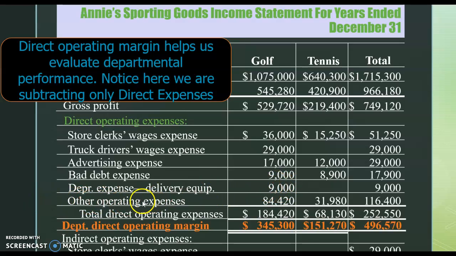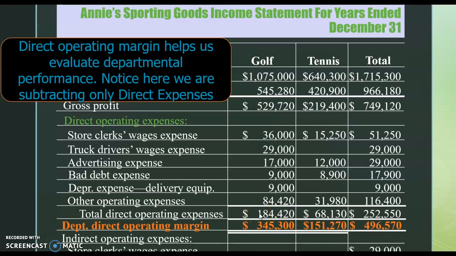And for all the other lumped up operating expenses, we had $84,420 of direct expense for golf, $31,980 direct expense for tennis. So now I can add up all these direct expenses, and I get $184,420 for golf, $68,130 for tennis, $252,550 for the grand total of direct operating expenses.